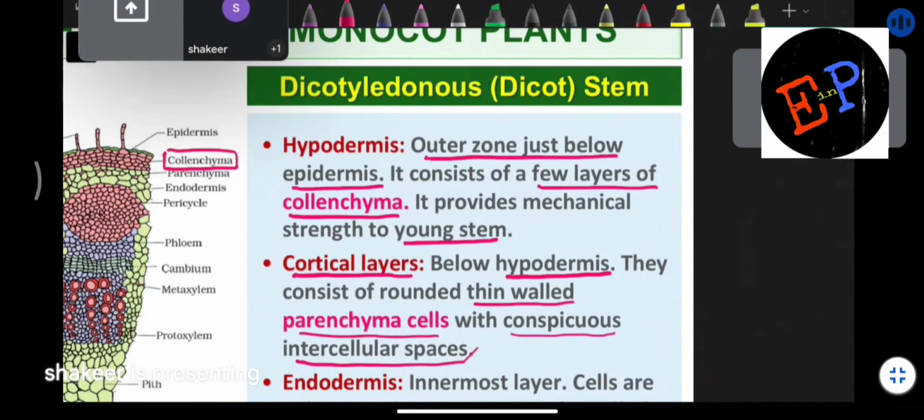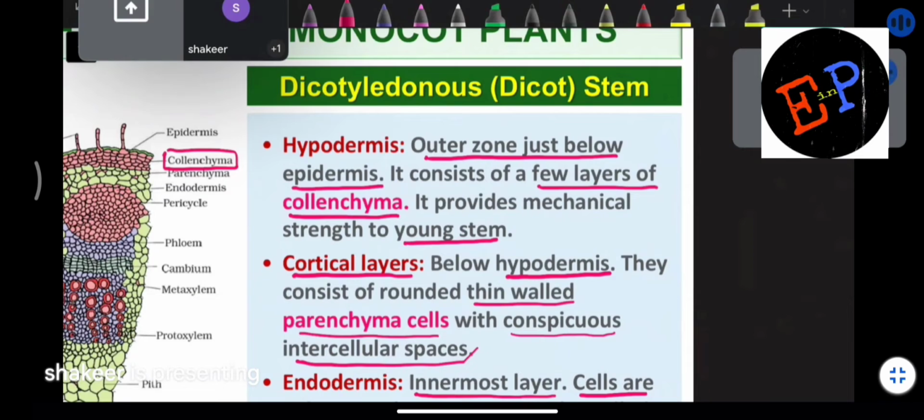And inside the cortical layer again you find another layer which is called endodermis, and it is the innermost layer. The cells are rich in starch grains, so it is called the starch sheath. These cells of the endodermis, the innermost layer, can store a huge amount of food material which is called starch.